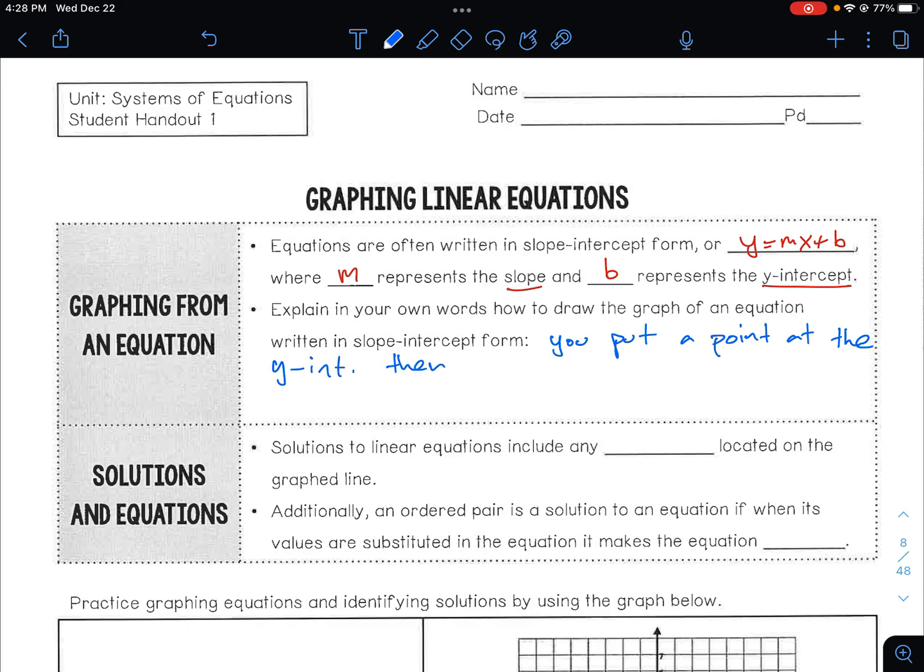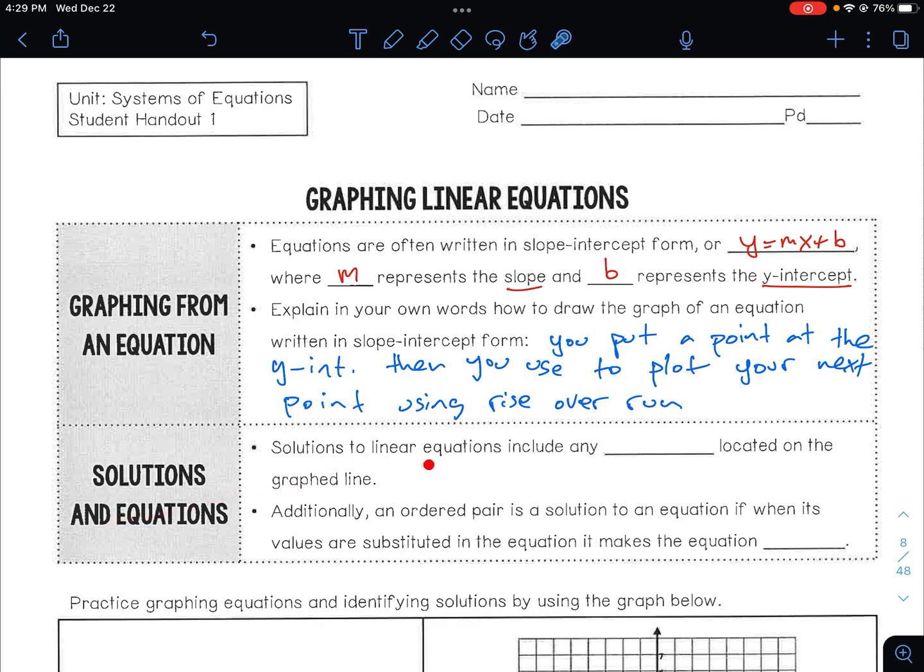Then you use the slope to plot your next point, using rise over run. That's why it's actually nifty for your slope to be in fraction form and not decimal form. Anyways, let's continue.